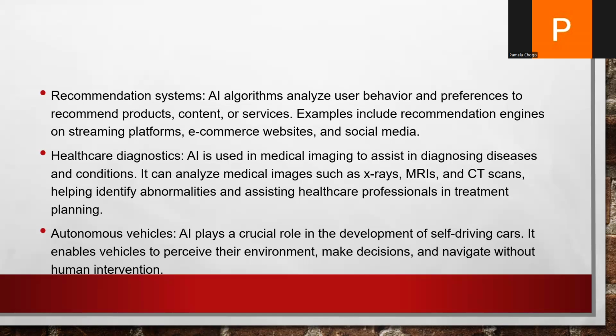So social media, e-commerce sites, if you're looking at certain products most of the time, then you will always get recommendations of similar products. So that is an application of AI. But also AI has been used in healthcare diagnostics. AI is used in medical imaging to assist in diagnosing diseases and conditions.